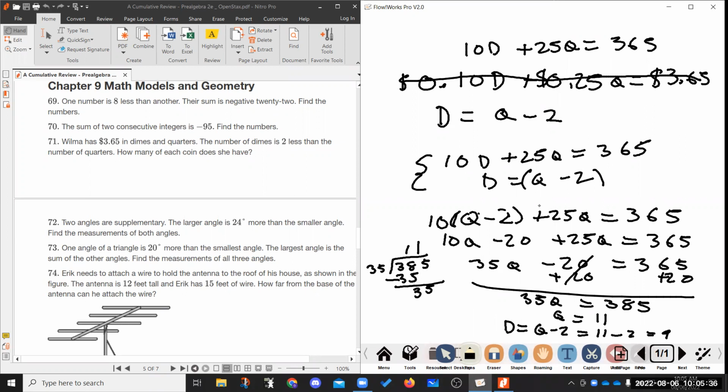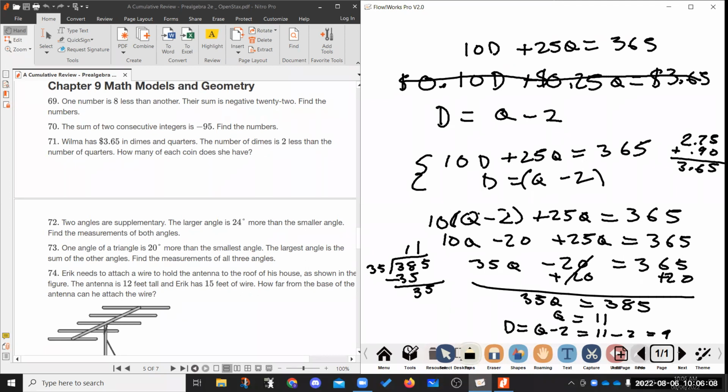Let's check that out with our dollars and cents equation. So come back up here. If I have 11 quarters, that's 275, right? And then if I have 9 dimes, that's 90 cents. Let's add them together. And we have 365, just like we're supposed to.